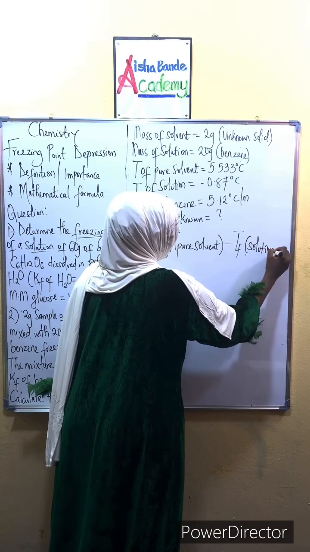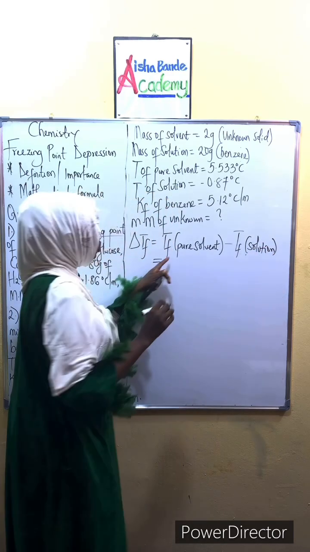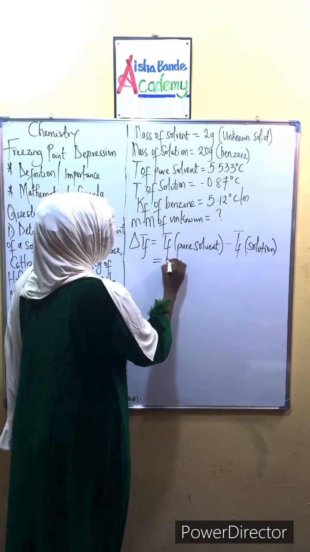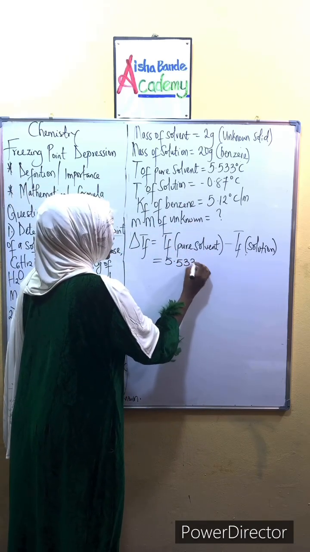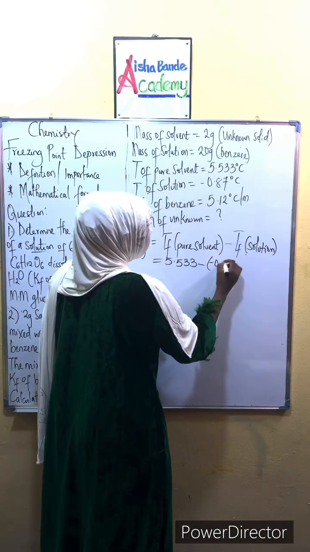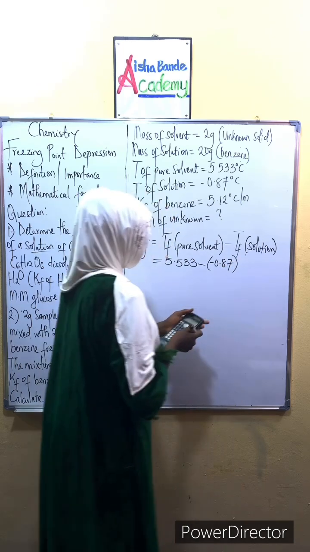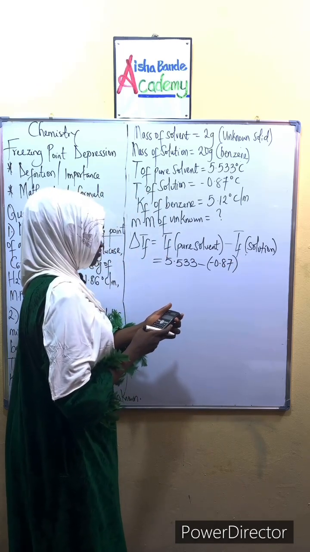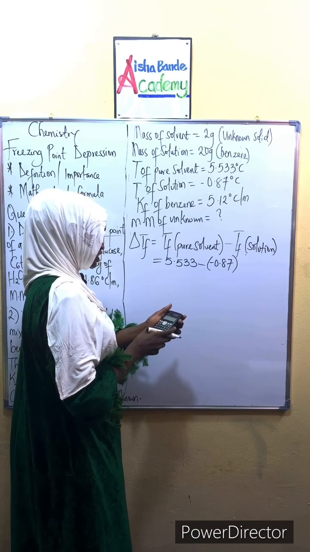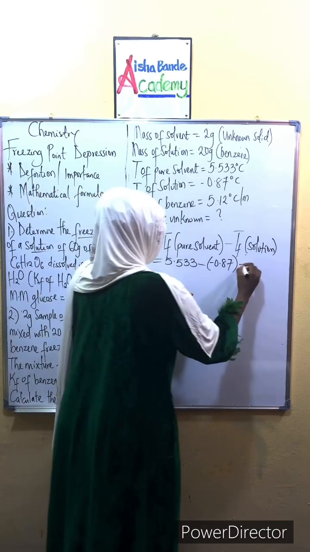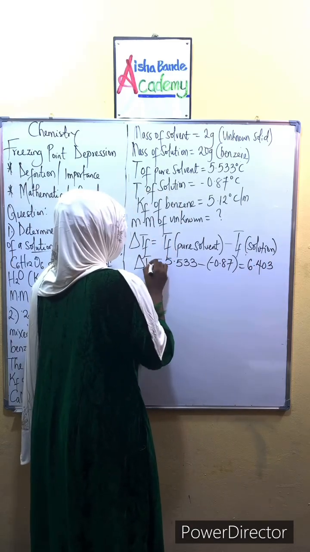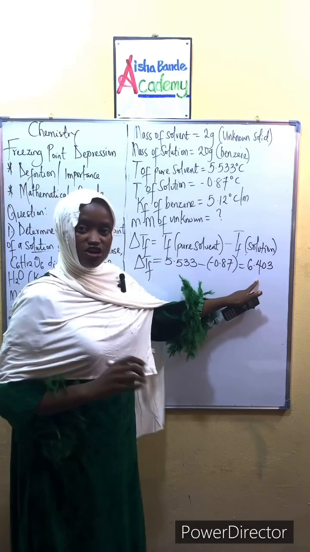So change in Tf is 5.533 minus the temperature of the solution, which is minus 0.87. Let's simplify this with the calculator. 5.533 minus, that is plus 0.87, gives a value of 6.403. So this is our change in Tf, 6.403.